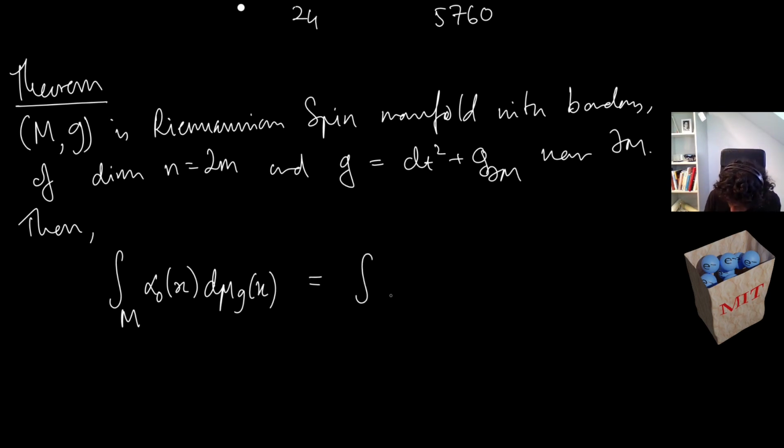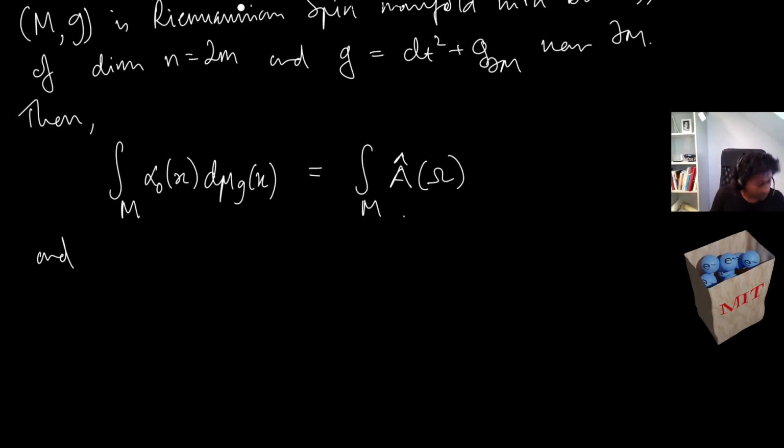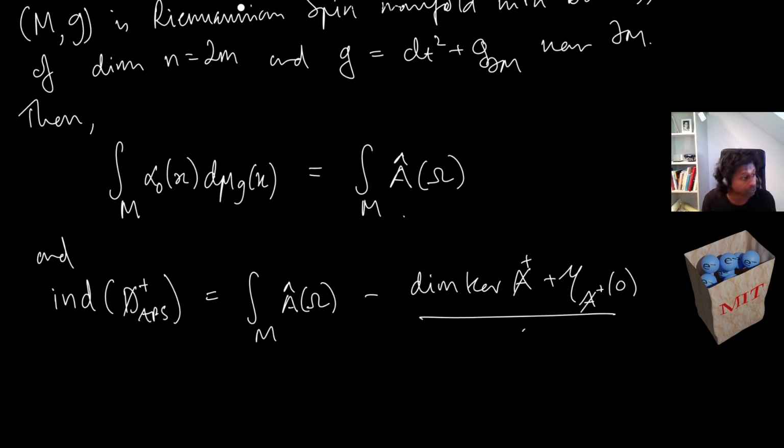This is the integral now of a hat of this omega over M, and therefore the index of d plus APS is equal to the integral over this a hat of omega minus the dimension of the kernel of this a hat plus the a plus hat at 0 divided by 2.